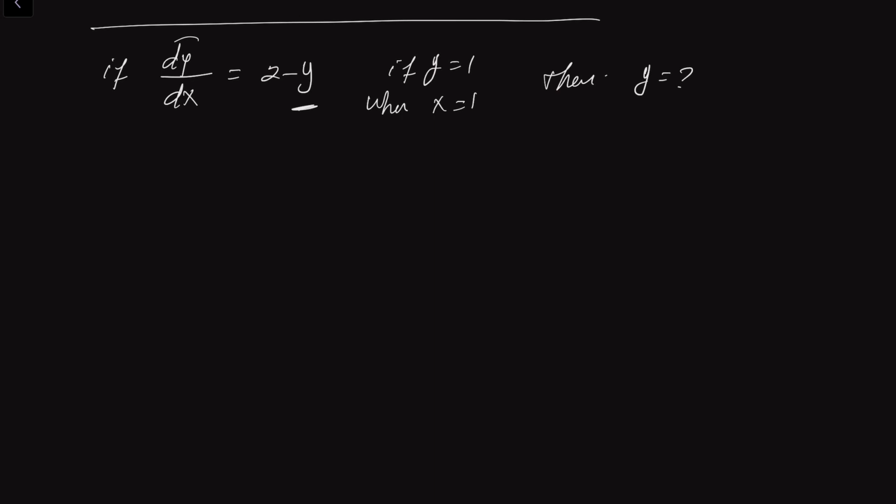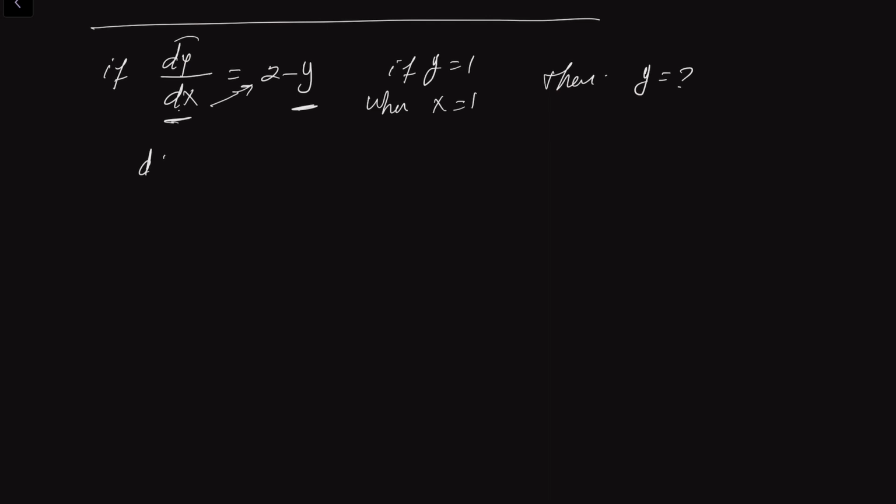Okay, let's see. First we're going to take the integration of both sides. We want to get the x's on one side and the y's on the other side. So we bring the 2 minus y here and bring the dx here. It's just a replacement.